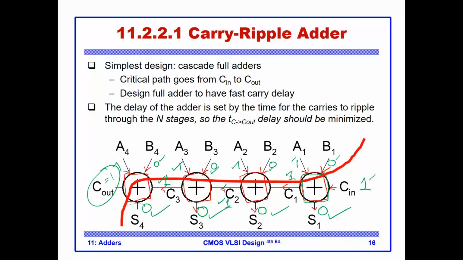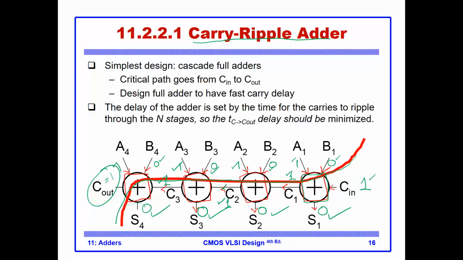Well, our hardware works, but this type of adder is referred to as a carry ripple adder. And it is carry ripple because this carry ripples or propagates from the very early stages, from bit 1 to bit 2 to bit 3 to bit 4, all the way to the end. So any problem with that?